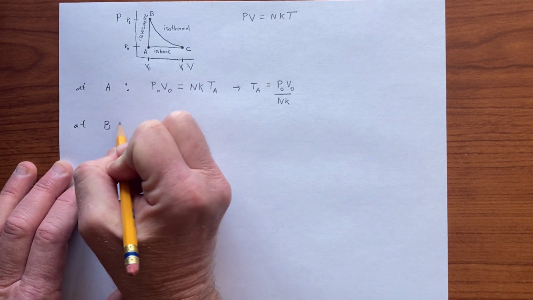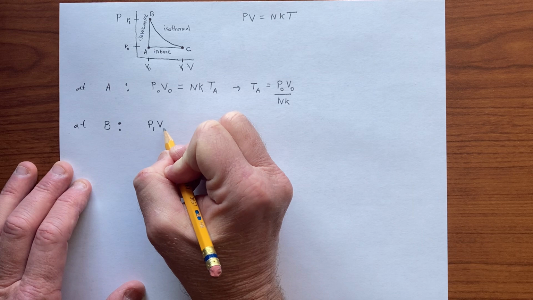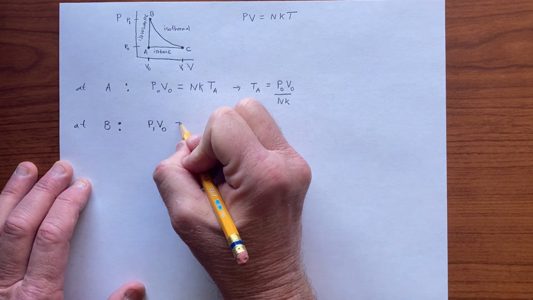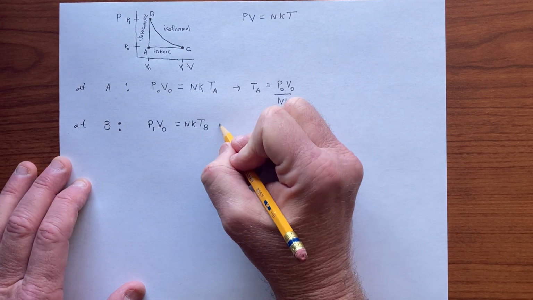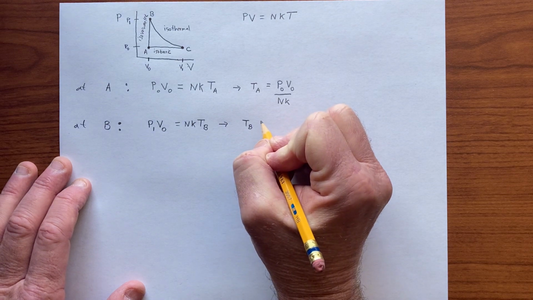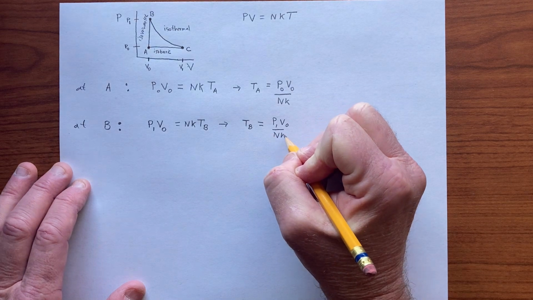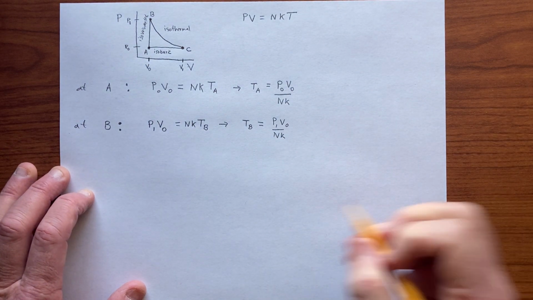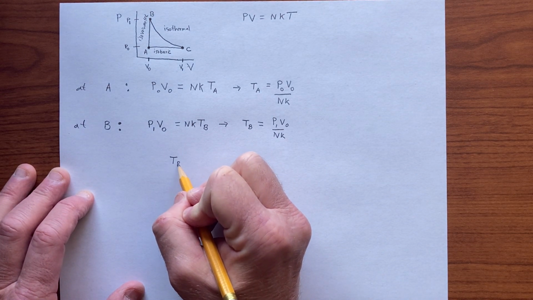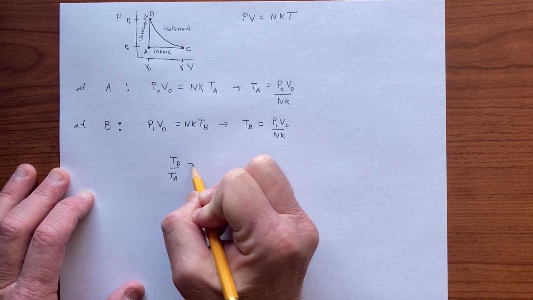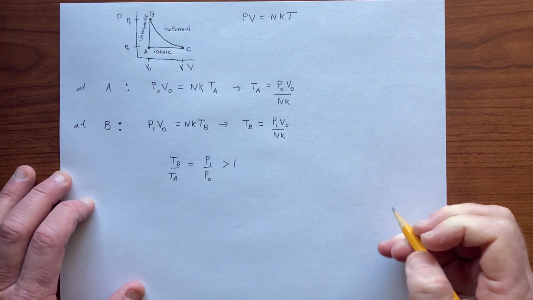At point B, we have pressure P1, volume is still V naught, and therefore that's equal to NK times the temperature at B, and therefore TB is equal to P1 V naught over NK. And we can notice that TB over TA is equal to P1 over P naught, which of course is greater than 1.